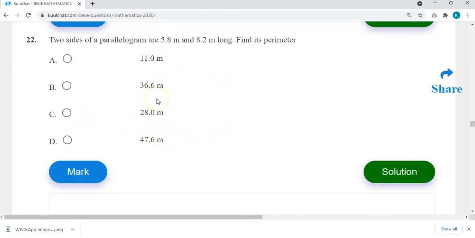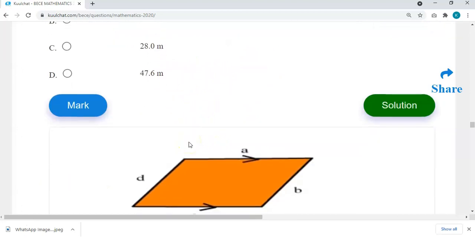If it's the perimeter of a rectangle, a rectangle has 2 of the sides equal. The height will be the same as the other height, and the width will also be the same. So perimeter will also have the same formula as the parallelogram.